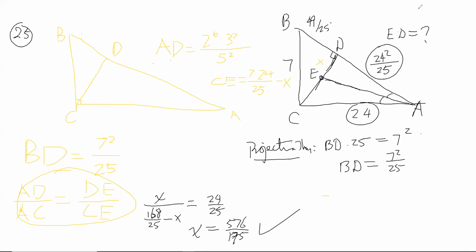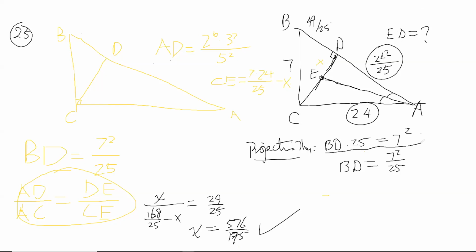You could also just see similarities. Yeah, similarity is the projection theorem. I mean, you know that CDA is going to be a 7-24-25 triangle. The projection theorem comes from similar triangles, so it's just faster.